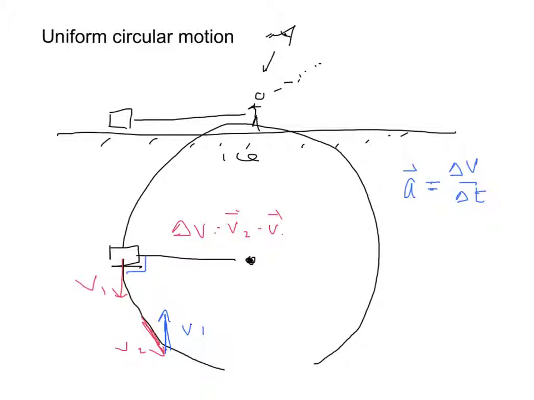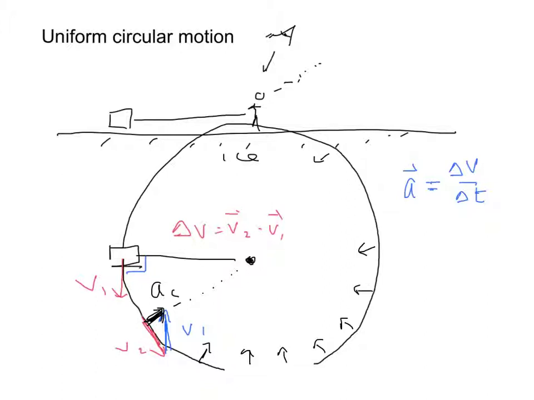This vector plus this one gives you the resulting vector, the acceleration. Anytime you have uniform circular motion, you will have this acceleration pointing towards the center. Everywhere on the circle, the acceleration is pointing towards that center, and that's called centripetal acceleration.